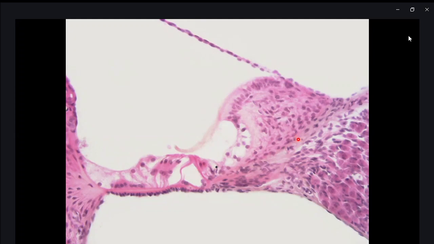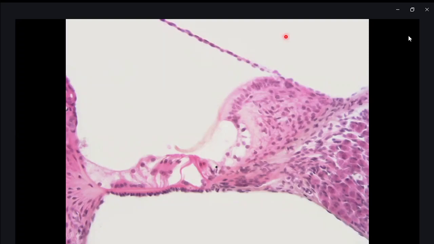So what happens when there's vibration of the oval window? The stapes is attached to the oval window. Vibration of the oval window will cause fluid movement.